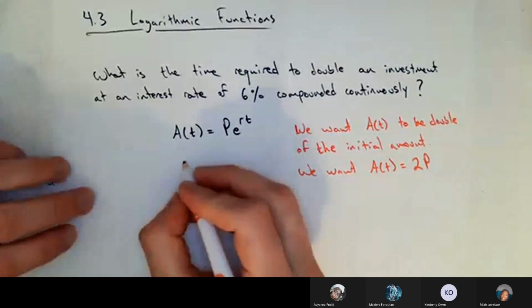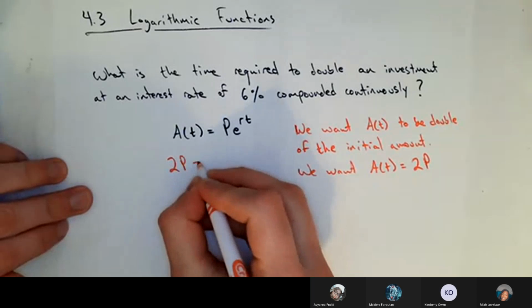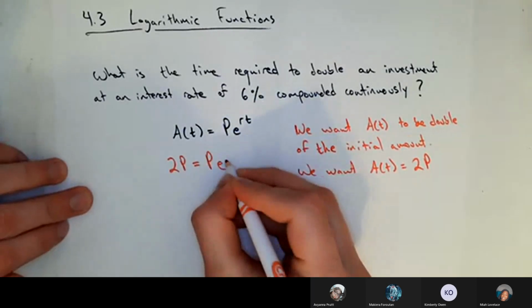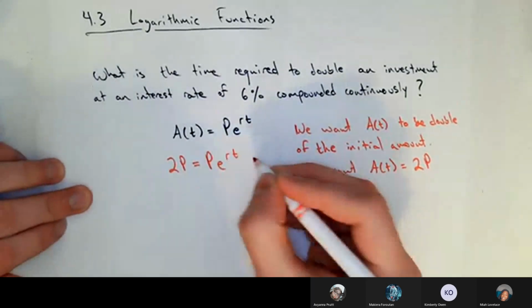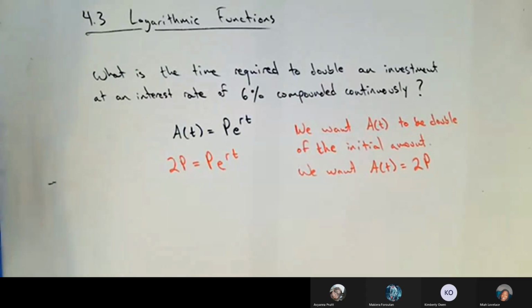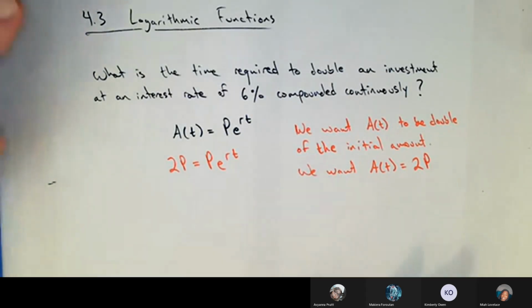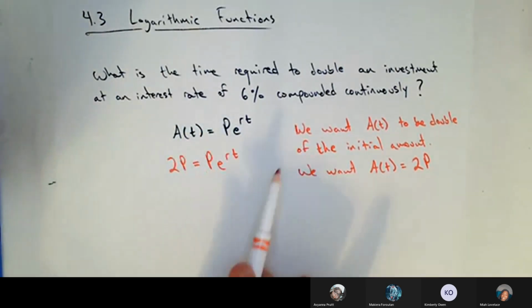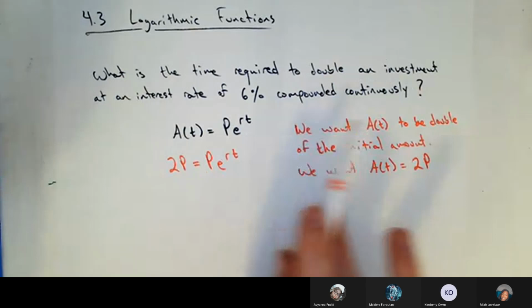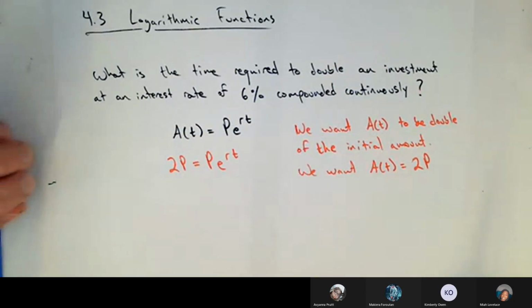So I'm going to replace that here. So far, this is going good. It seems like we're going to be able to get somewhere with this. I feel pretty clever, replacing this A of t with 2P because I know I need to double the investment. That feels pretty sneaky and like a really good thing to do.